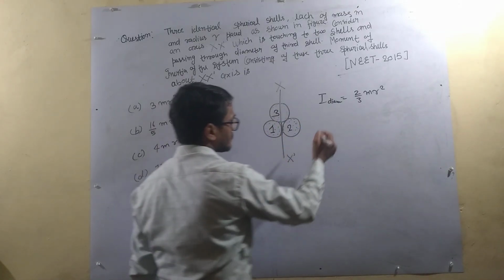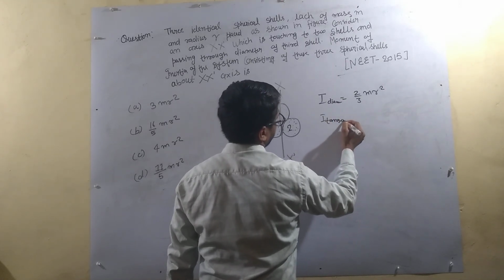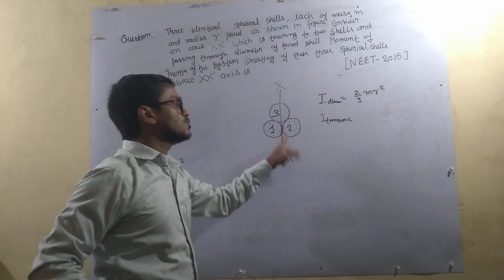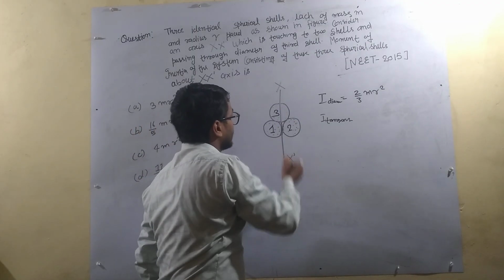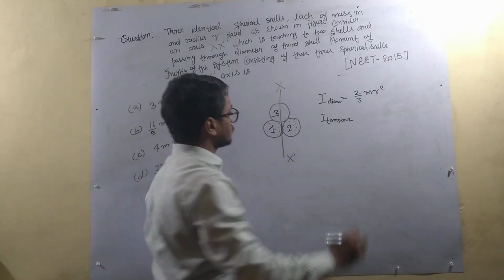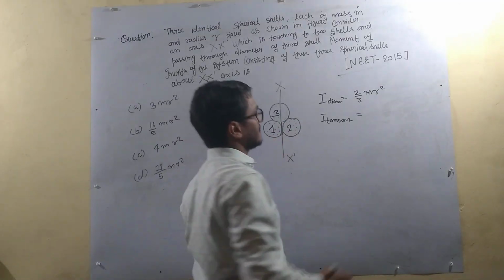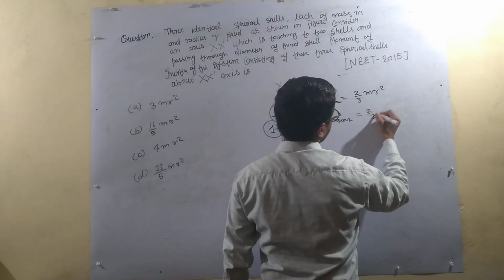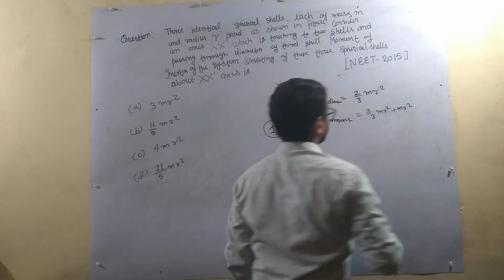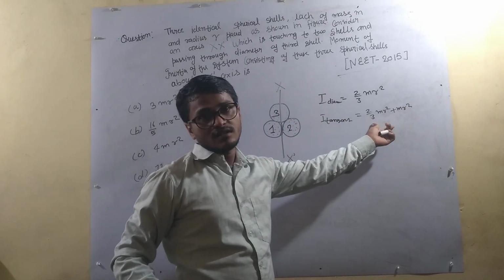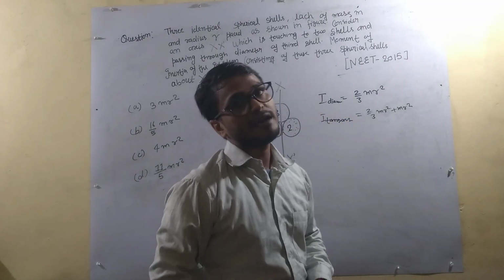But for the tangent, we know that the spherical cells 1 and 2 are touching the axis x dash tangentially. So the moment of inertia of the first spherical cell is 2 by 3 mr square plus mr square. How is this possible? This is possible due to the theorem of parallel axis.